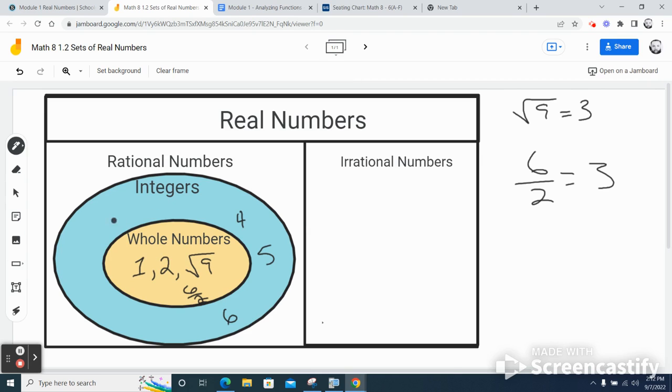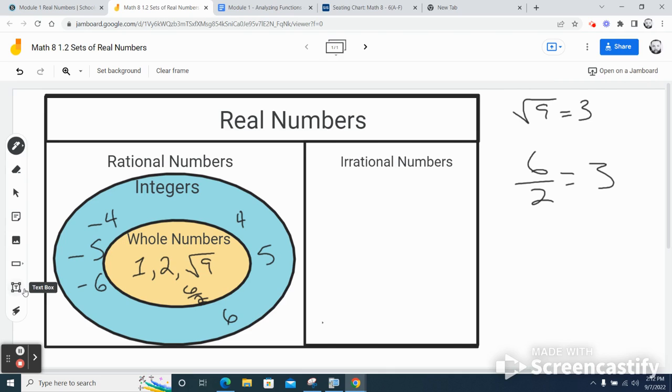The difference is integers can also be negative. Whole numbers are not negative. I would never say I have negative 3 students because I would never count negative 3 students. But we do use negative 3 in math, right?